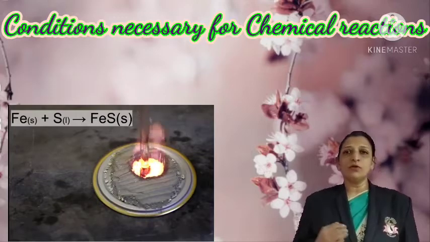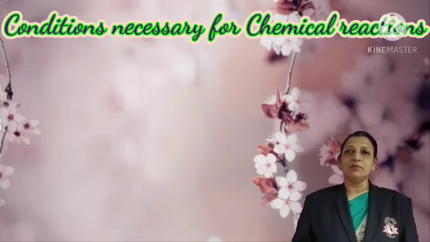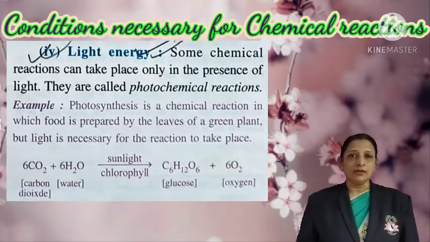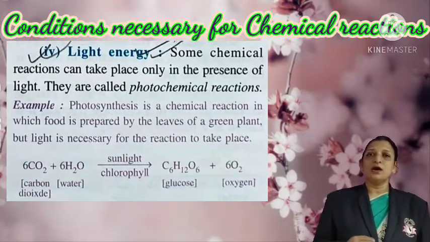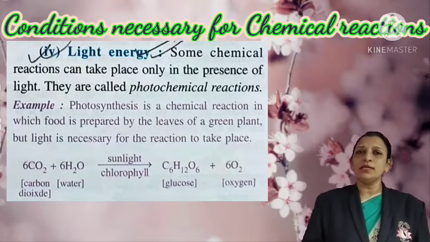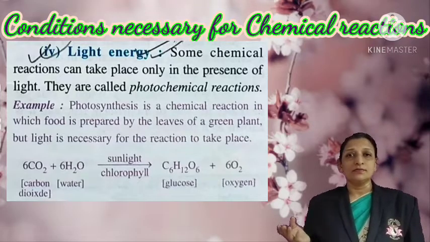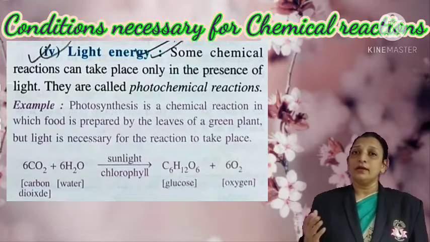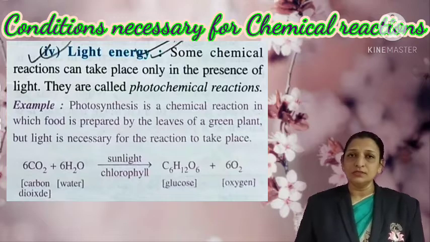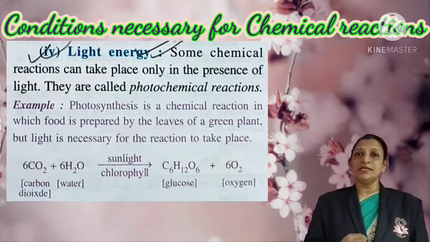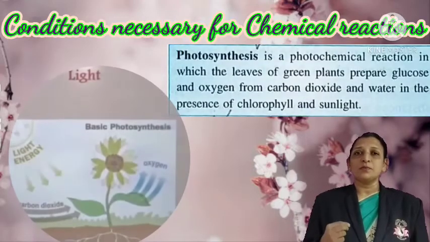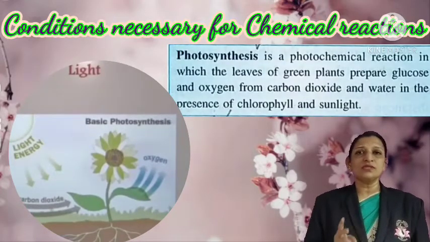Let us move toward the fourth condition required for chemical reactions. That is light energy. Few reactions are very particular. They are taking place only and only in presence of sunlight or light. For example, photosynthesis. Inside the leaves of the plant, in chlorophyll pigments, carbon dioxide and water reacts with each other.